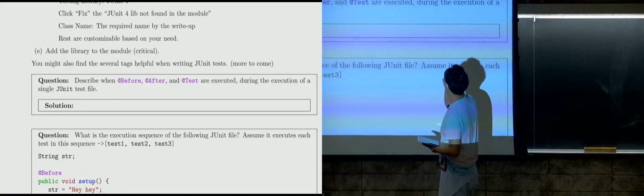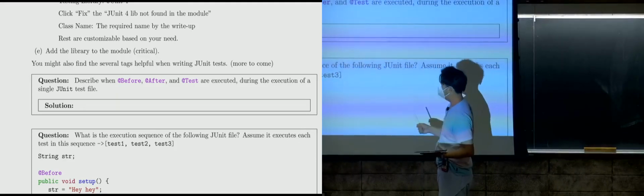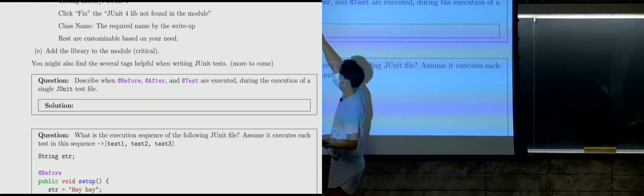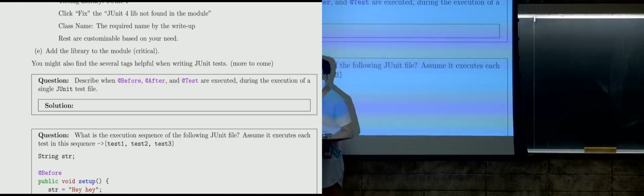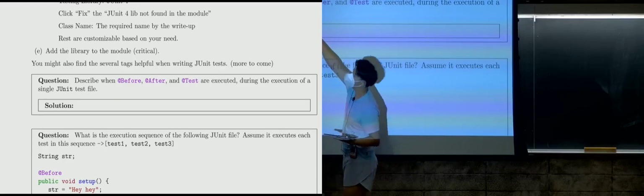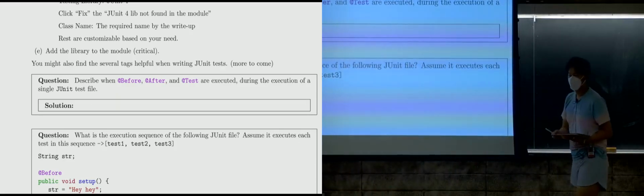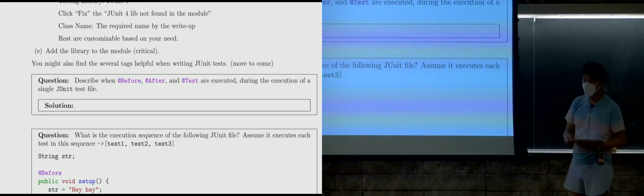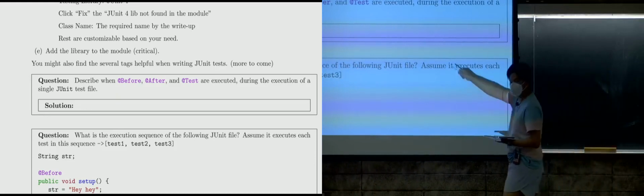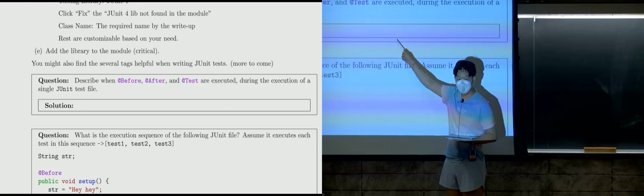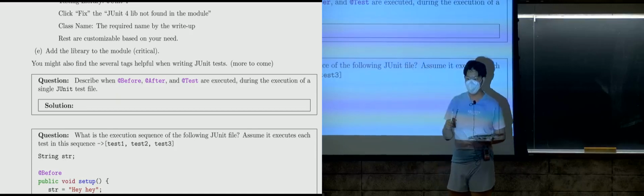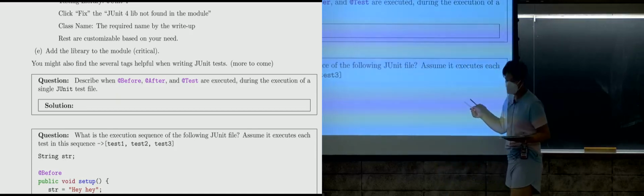During the execution of a single JUnit test file, what does before do? Anyone know? It runs whatever code is in the before for every single test. Yeah. And then after? Yeah.